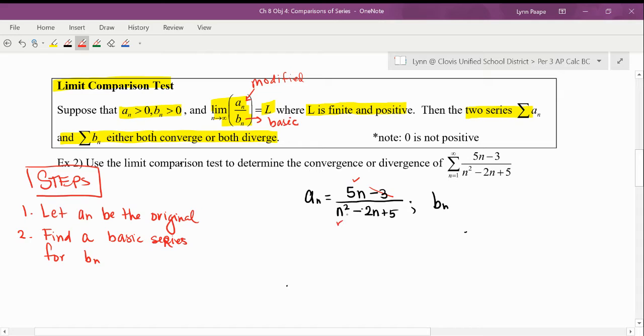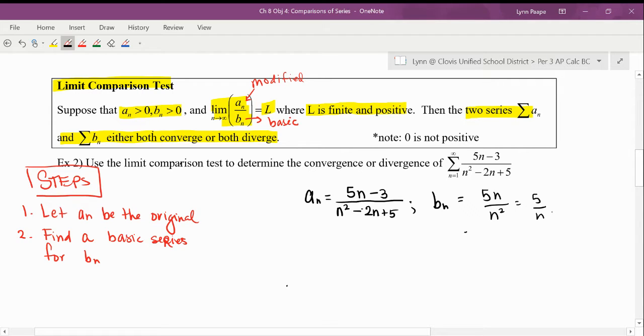And then I'm going to keep the n squared, but get rid of the negative 2n plus 5, because I'm going to keep the pieces that control the numerator and the denominator. So my basic series is going to end up being 5n over n squared, which is 5 over n.